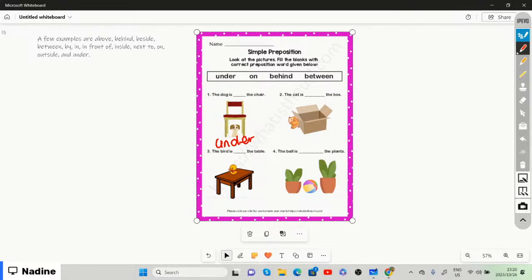This cat is the box. Where is this cat from the box? Is it on, between, behind? So if we look at the sentence, it says the cat is the box.